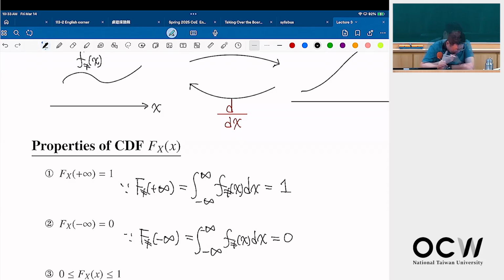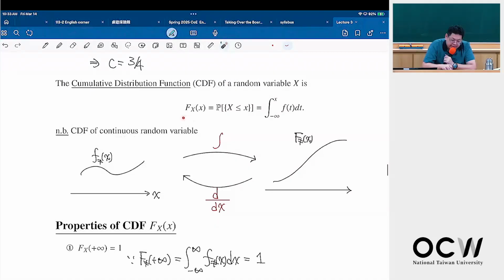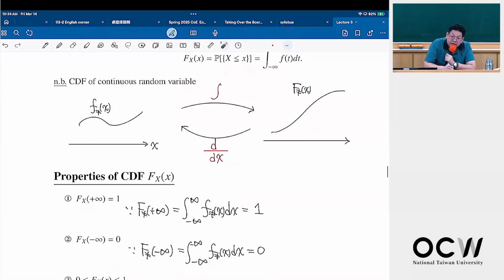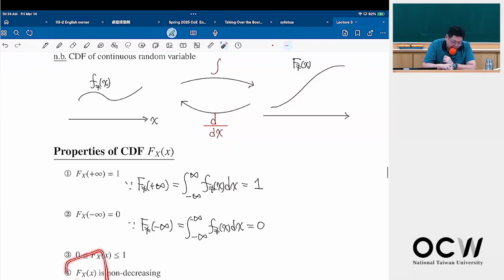Then based on the first and second properties, we know the CDF is between 0 and 1, which is also reasonable because CDF is probability. The probability definitely should be between 0 and 1. And then CDF is non-decreasing.